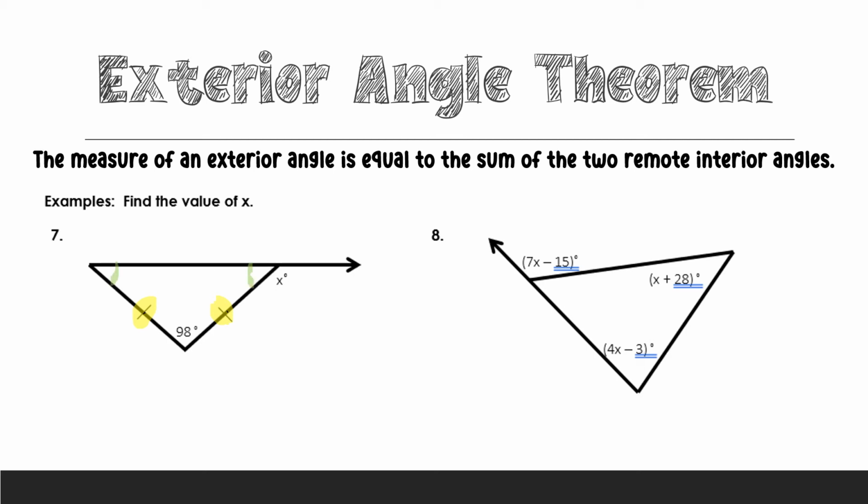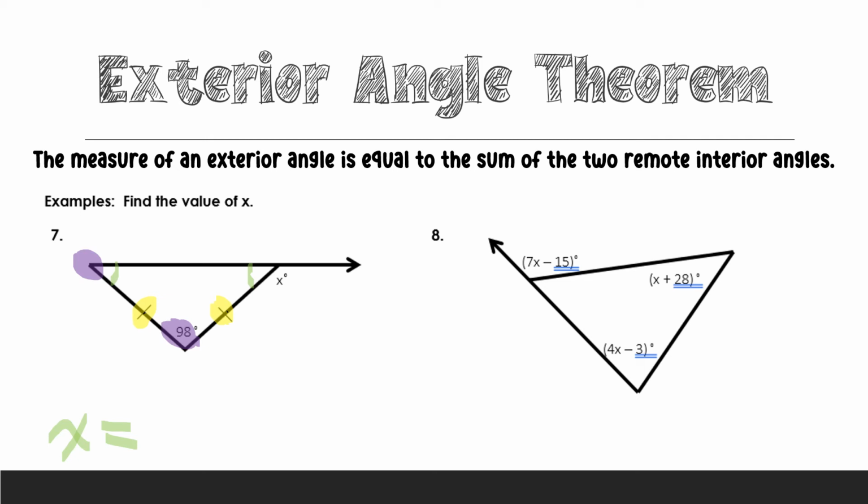So we're going to need to find those angles first because according to the exterior angle theorem, x should equal the sum of those remote interior angles, which would be this angle right here and this angle right here. And we know that one angle is 90 degrees, but we do not know the other one. So the first thing I'm going to do is I'm going to find those missing angles.